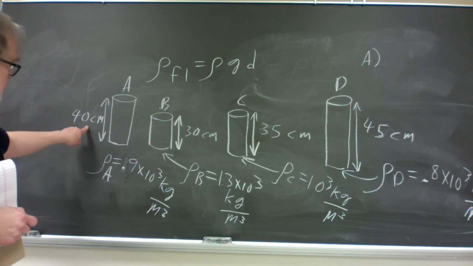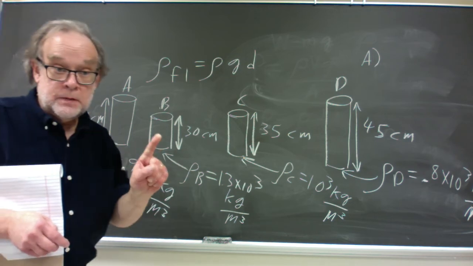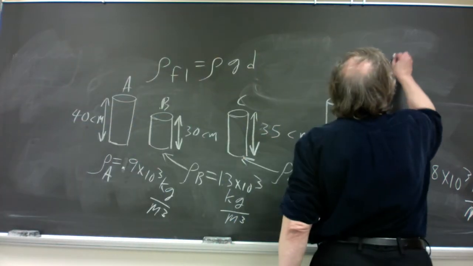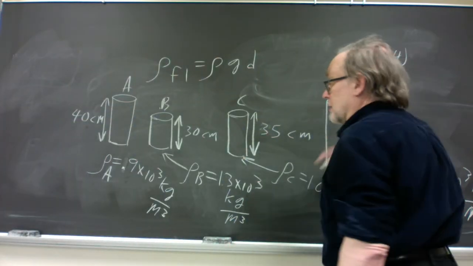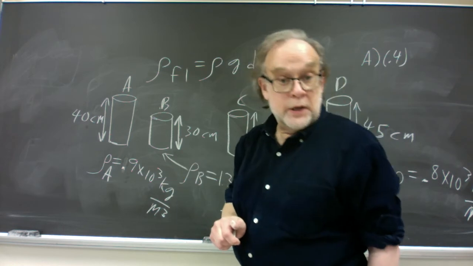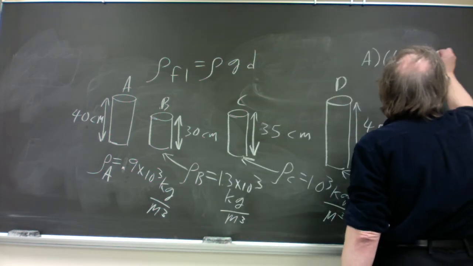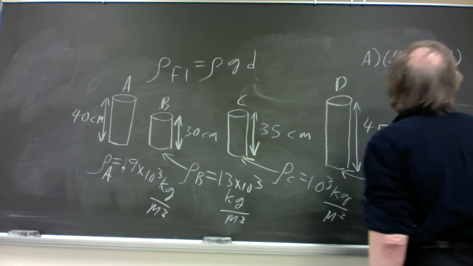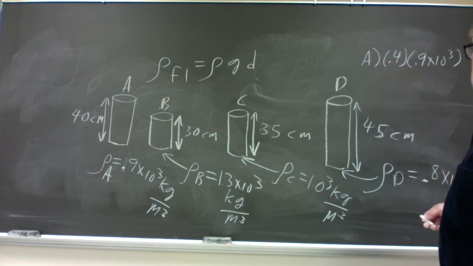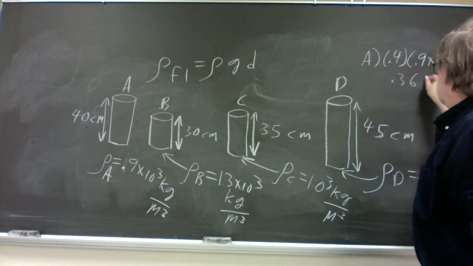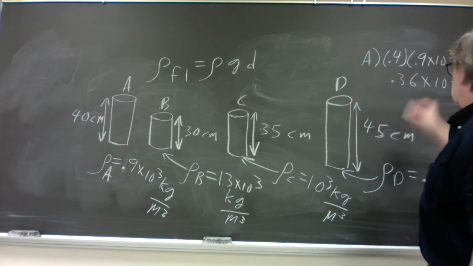And so this is 40 centimeters or 0.4 meters. 0.4 times 0.9 times 10 to the 3 gives us 0.36 times 10 to the 3.